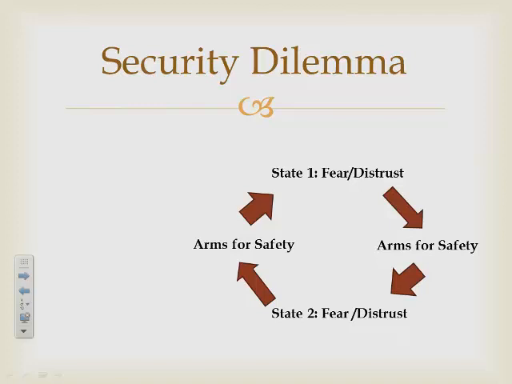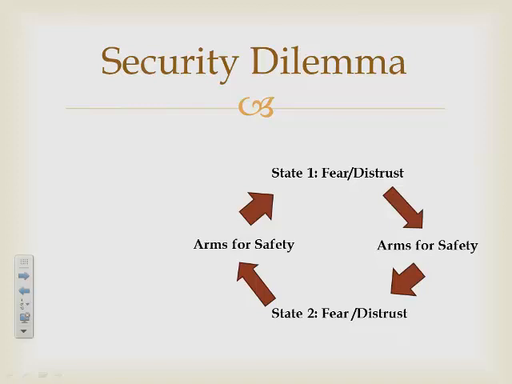Well, at the bottom of this graph you see that Russia will then see these moves by Ukraine and perhaps think, well, Ukraine is getting too powerful, they may want to take over part of our territory. And so that can lead to Russia feeling insecure, having fear, and arming themselves. And so this can lead to a cycle.